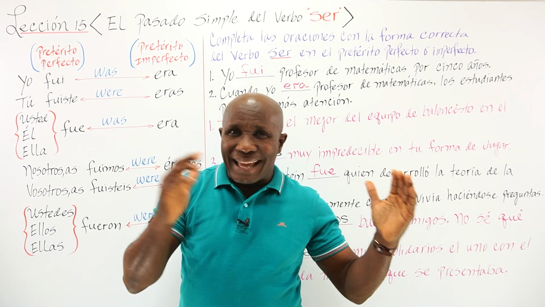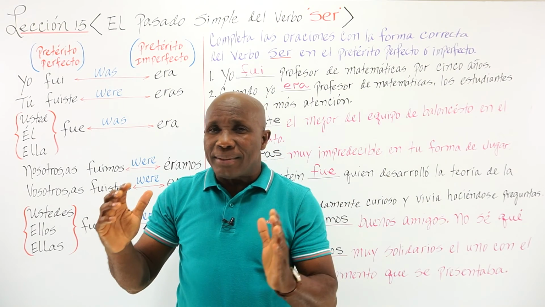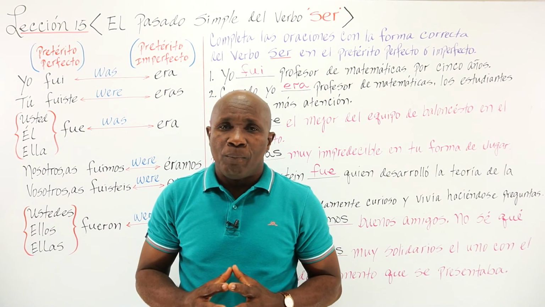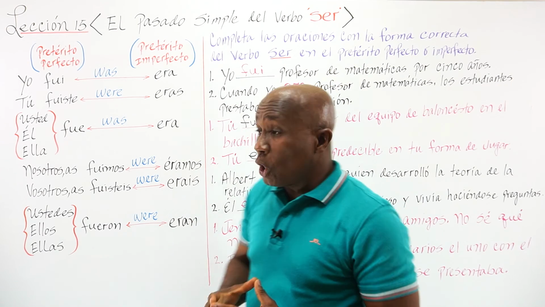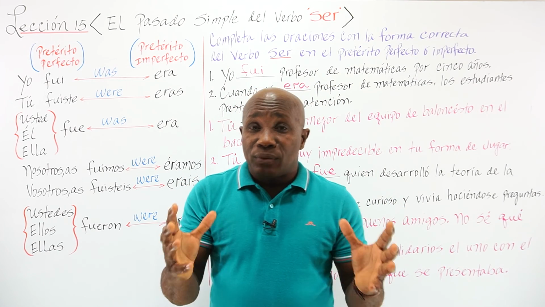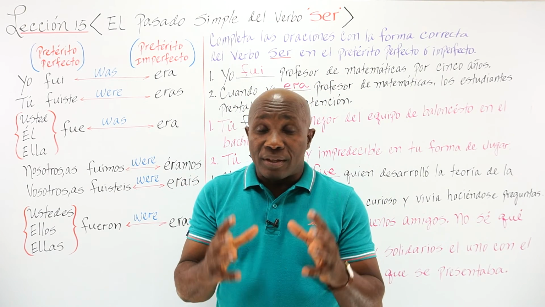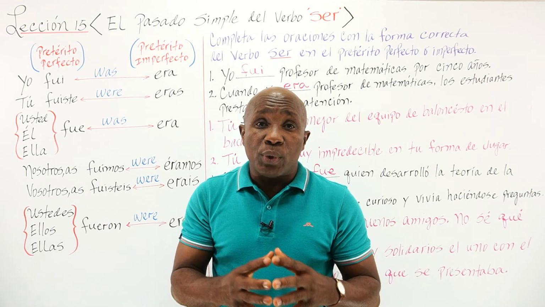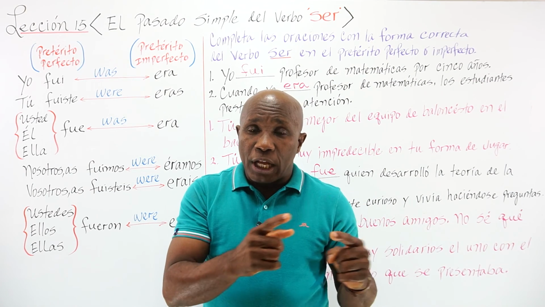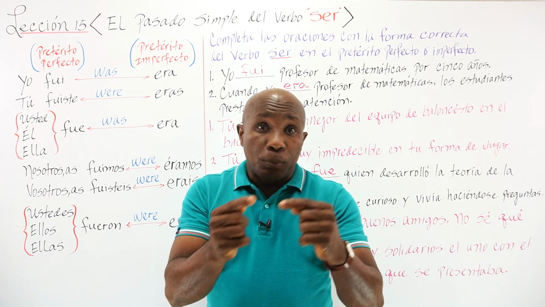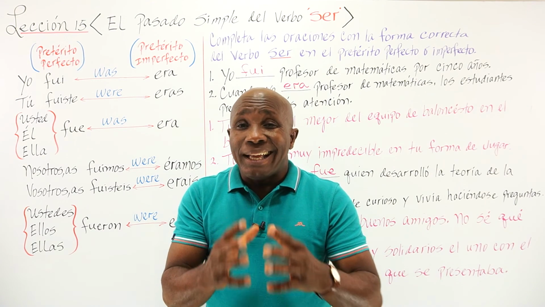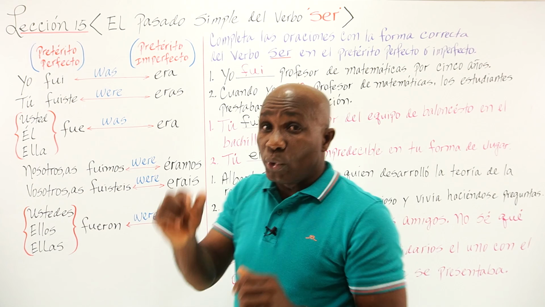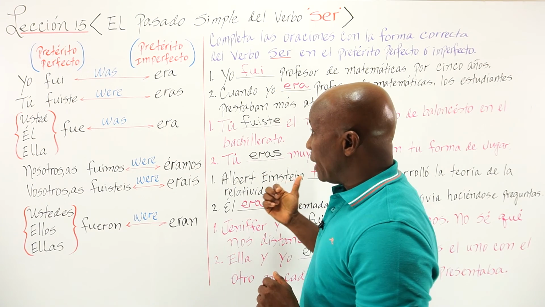The situation began in the past, continued in the past, and ended in the past. That's the way we use it. For the time being, this is what we have. But we're going to continue with the other side of the coin, the verb to be, but with the meaning of estar in the past. We're going to see that in another lesson.